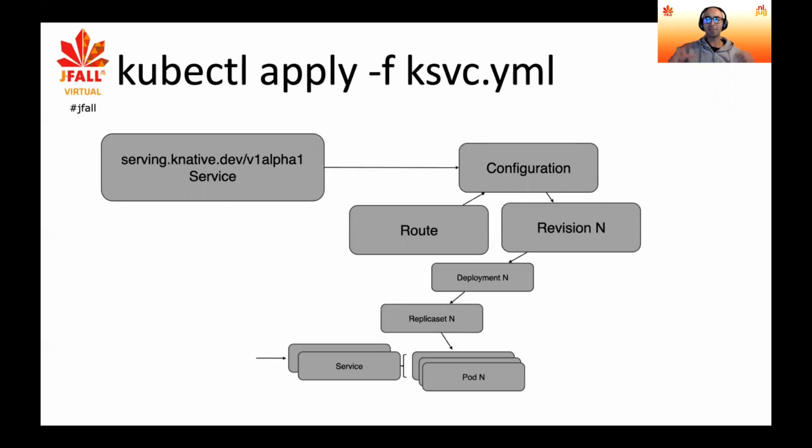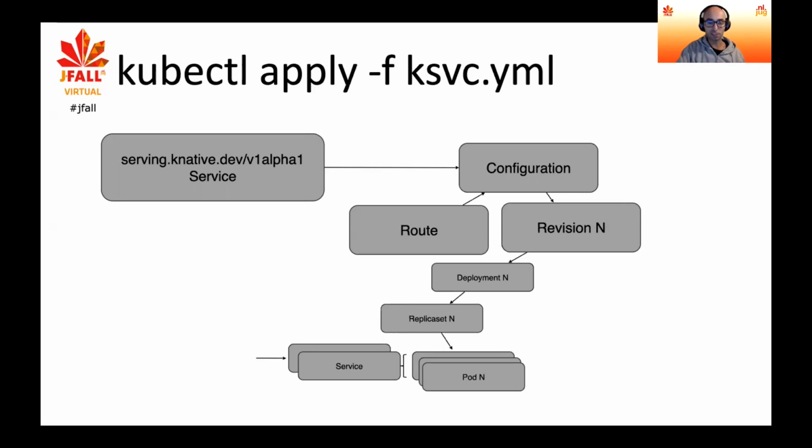But when we add Knative Serving on top of that, we've got something like this. We've got the service, and notice that this service is not a normal service. It's a Knative service that manages a configuration. This configuration has revisions because, as I said before, thanks to Knative we've got the concept of revision. Every time that we deploy a new version of the service, the old one is not deleted but stored.